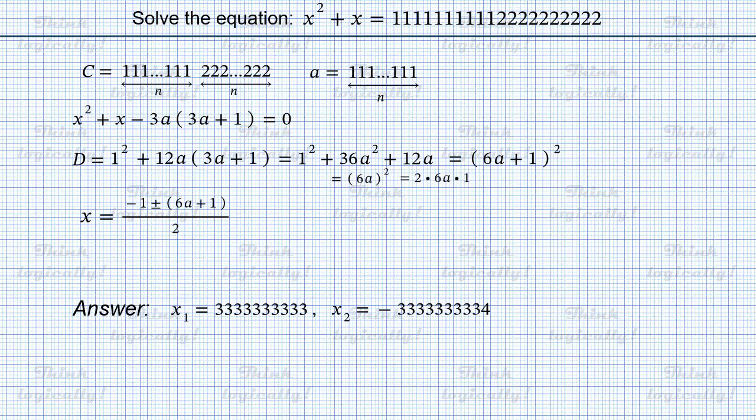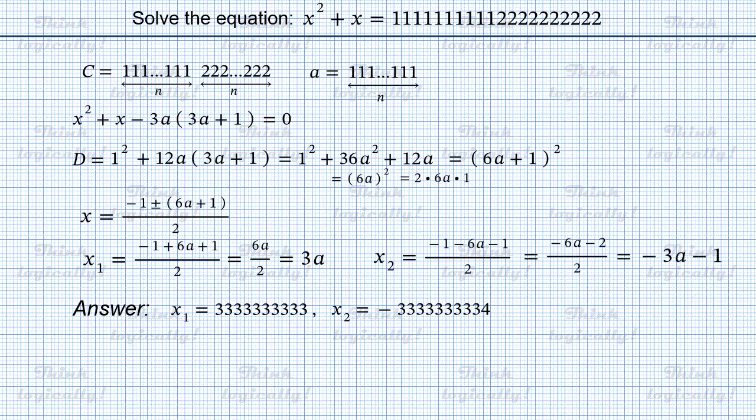And even if it weren't, plus minus would take care of everything. Taking plus, we get the first root, which is 3a, while taking minus brings up the second root, minus 3a minus 1. And this is really the end.